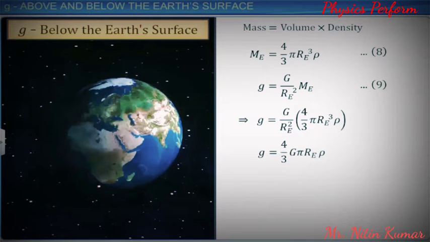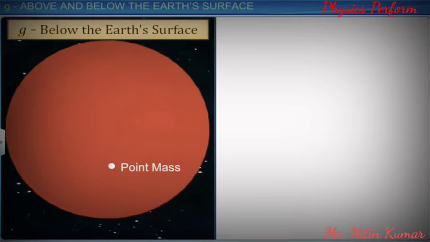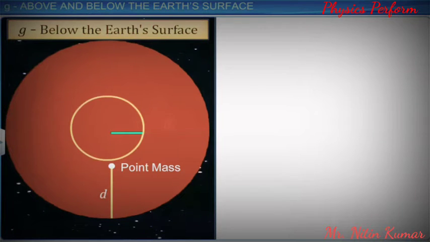Now, consider a point mass placed at depth d below the surface of the Earth. The Earth is considered to be made of a concentric shell of thickness d and a sphere of mass Ms and radius Re minus d as indicated. Thus, the mass of the inner sphere of Earth is represented by equation 11.